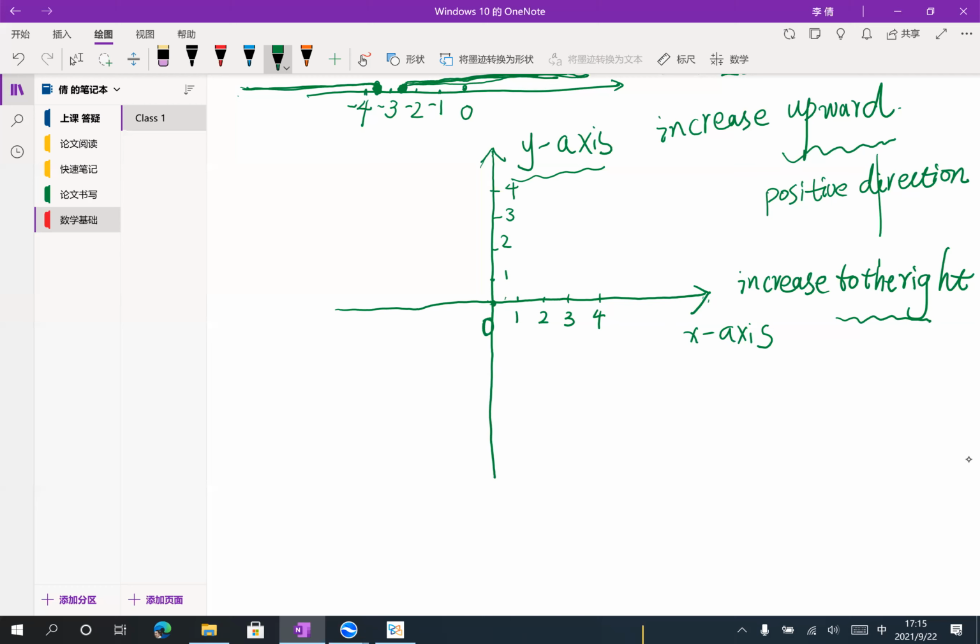The numbers to the left on the x-axis are negative: -1, -2, -3, -4. Below the 0 the numbers are also negative: -1, -2, -3, -4.